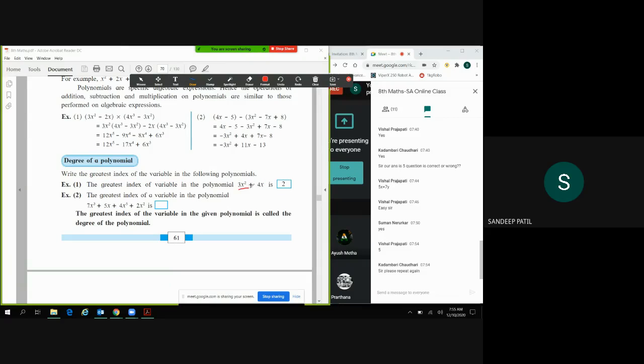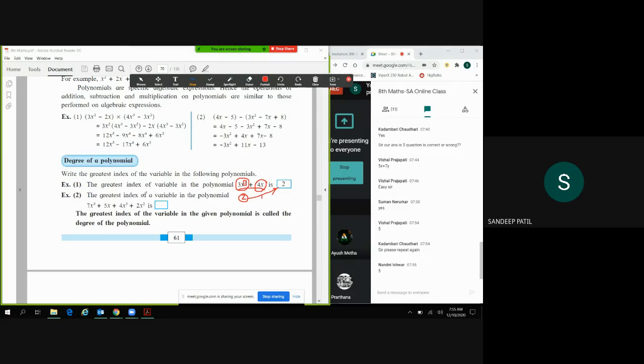In whatever polynomial, we look at the index of any variable in that polynomial. In this term the index of the variable is 1, in this term the index of the variable is 2, so which is the highest one, 2, so this is the degree of polynomial, right? The highest index of any variable is called the degree of polynomial.